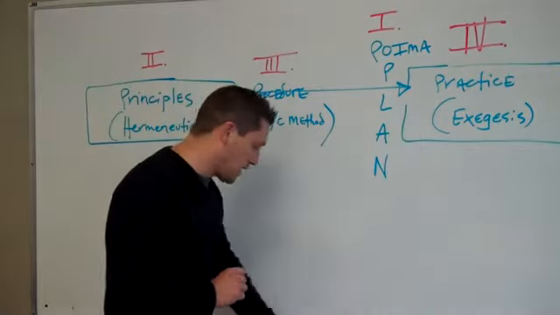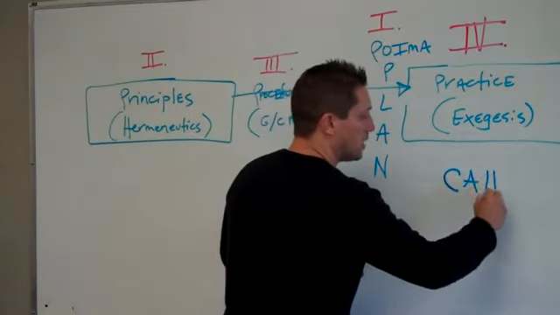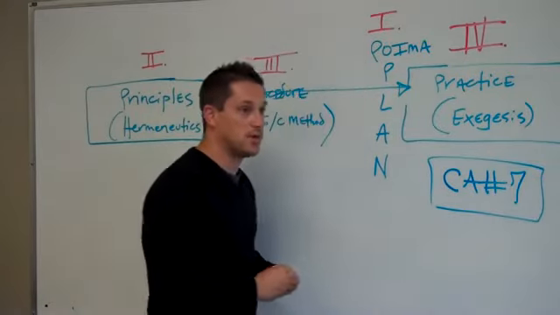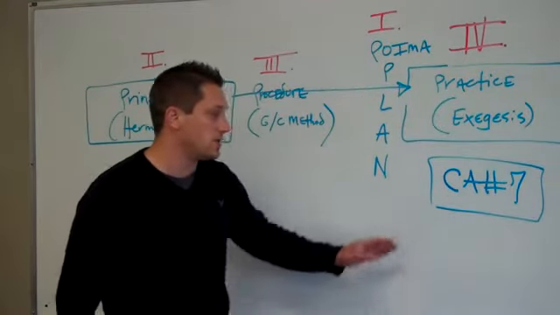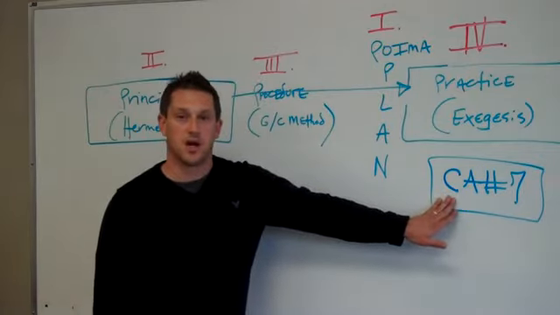One thing I want you to note at this point in the semester is to look ahead to class assignment number 7, because it is really recreating the historical background of the letter of James.